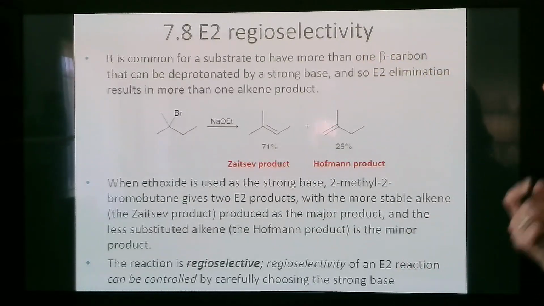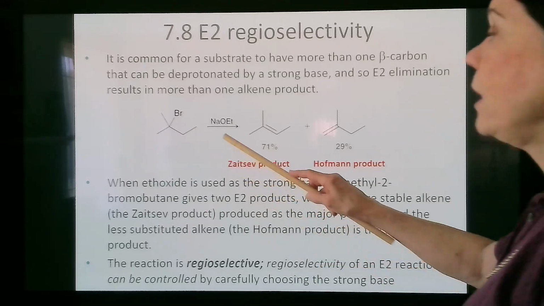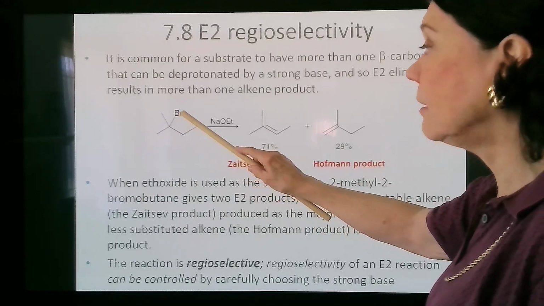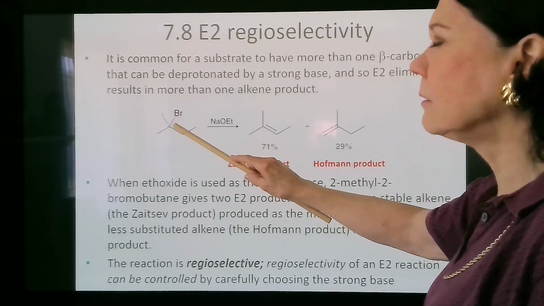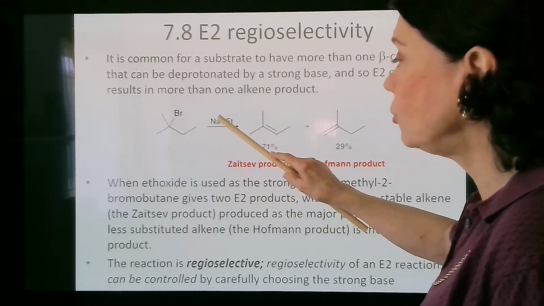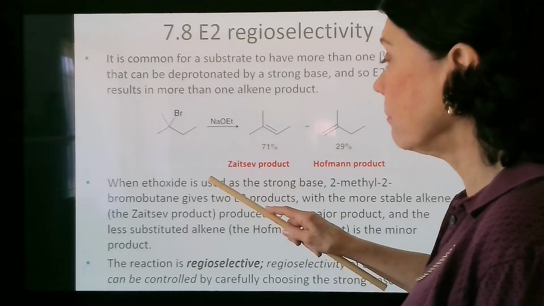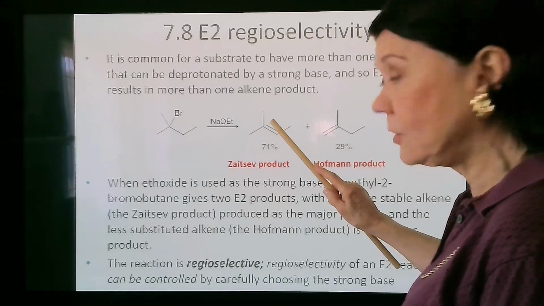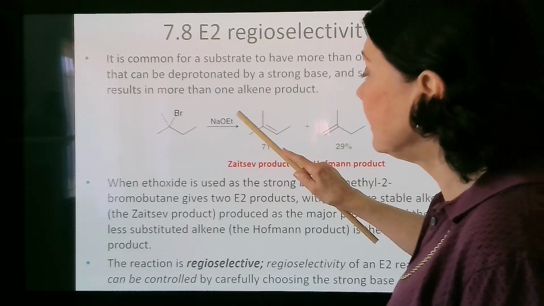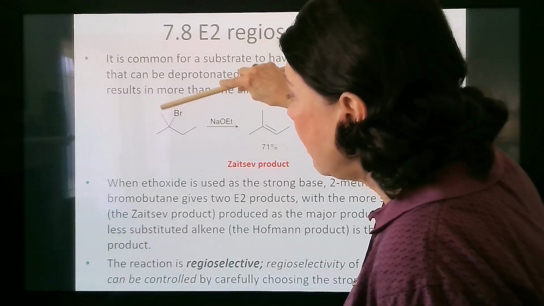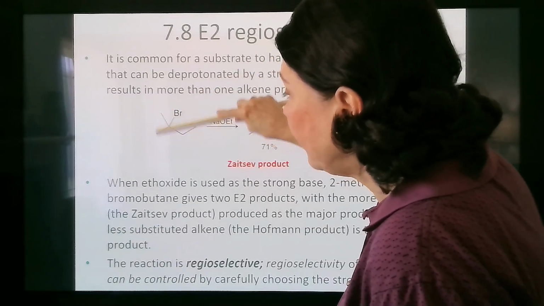Now for regioselectivity, what happens is when you react your branched alkyl halide with a strong base, and the base comes in to pluck off a proton and form a double bond, that double bond can be formed in multiple places. The ethoxide can come in and pluck off a hydrogen from this methyl or from this methyl.